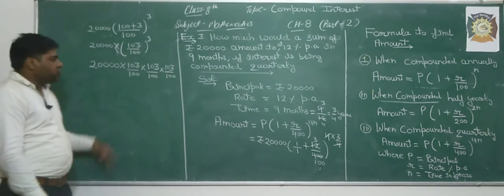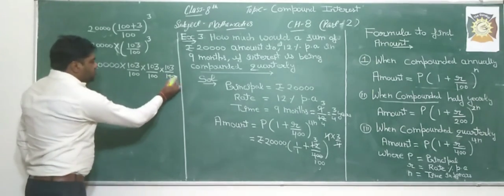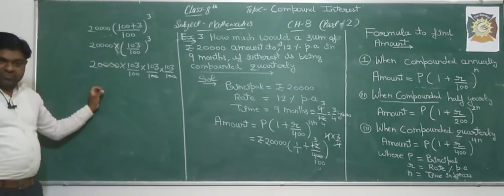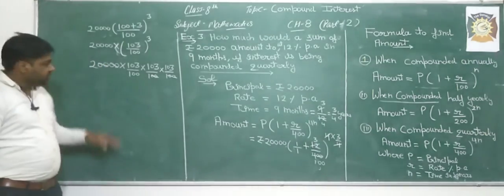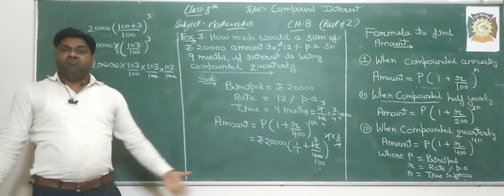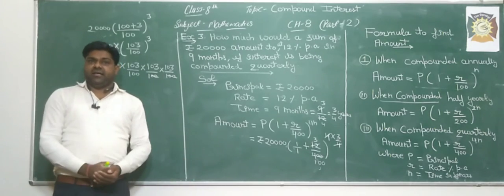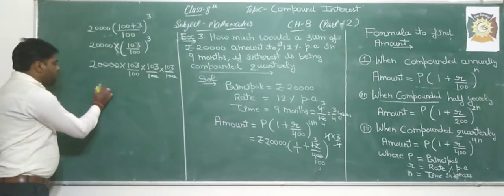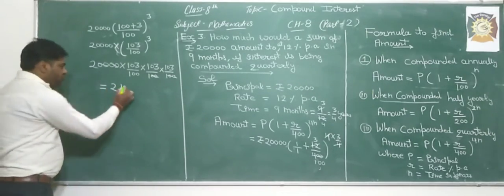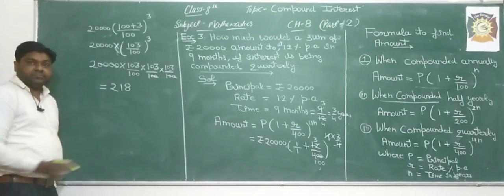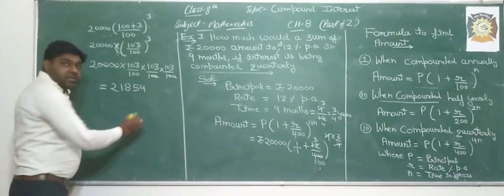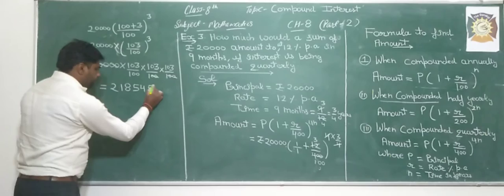Clear, students? Now just simplify this one. First of all, these two zeros cancel from here, these two zeros cancel from here. Now we have to multiply all these things. That means 2 multiplied by 103, then multiply by 103, then multiply by 103. After multiplying these things, we get 2, 1, 8, 5, 4 and 5, 4.